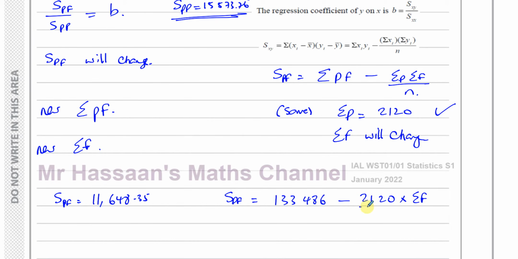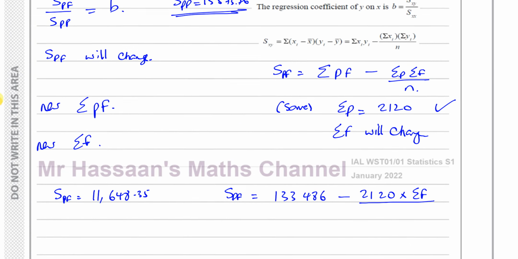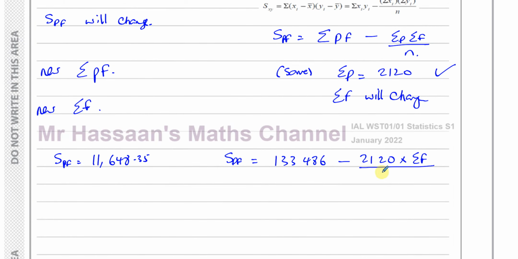The old sum of F has not been given to us, so I'm trying to find that first. Divided by the number, which is 34.